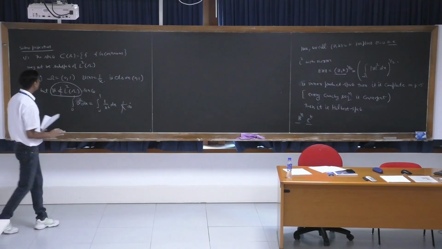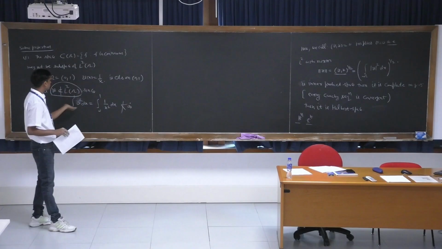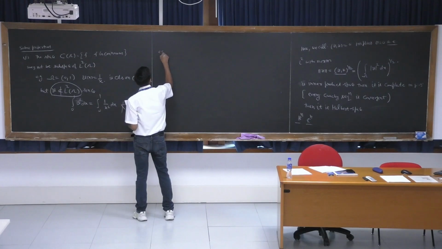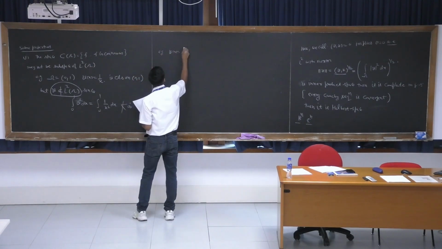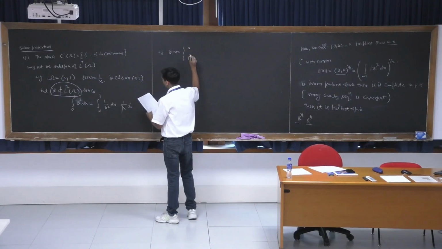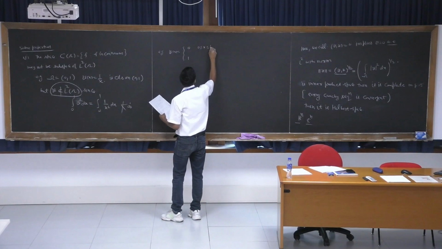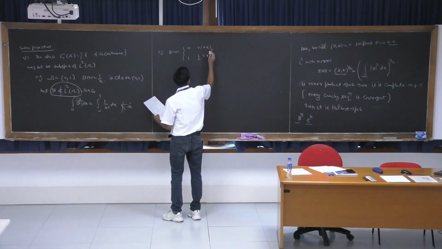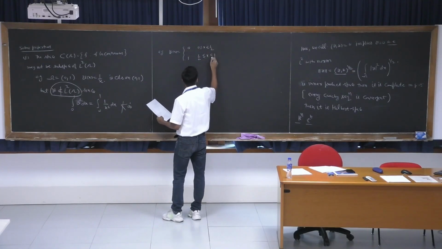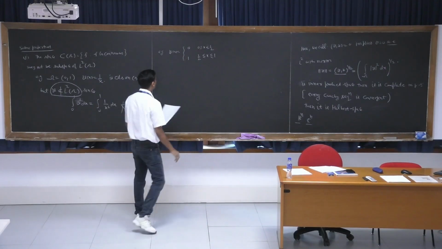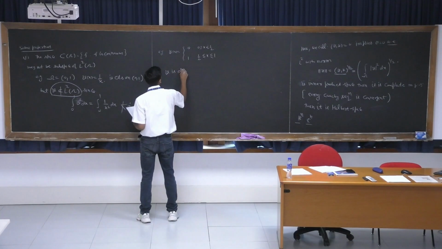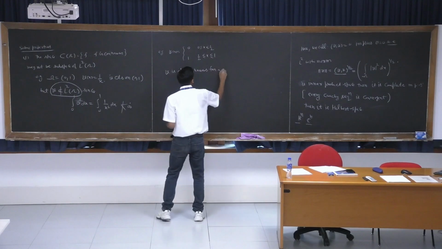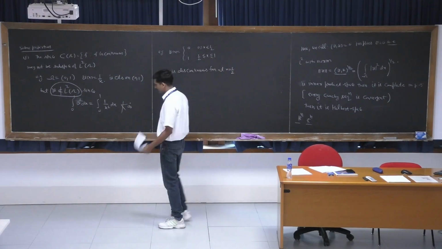Similarly, the reverse also holds: V may belong to L2 but not necessarily to the continuous space. For example, suppose I define V of x equal to 0 for x less than 1 by 2, and 1 for x greater than or equal to 1 by 2.